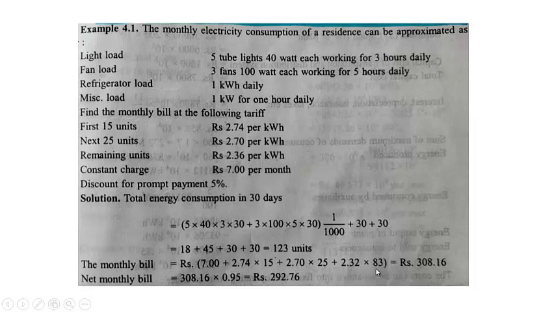So 83 into 2.32. Since there is a discount of 5%, you just have to subtract 5%, or multiply by 0.95. The total bill that has to be paid to the utility by the consumer is 292.76 rupees.